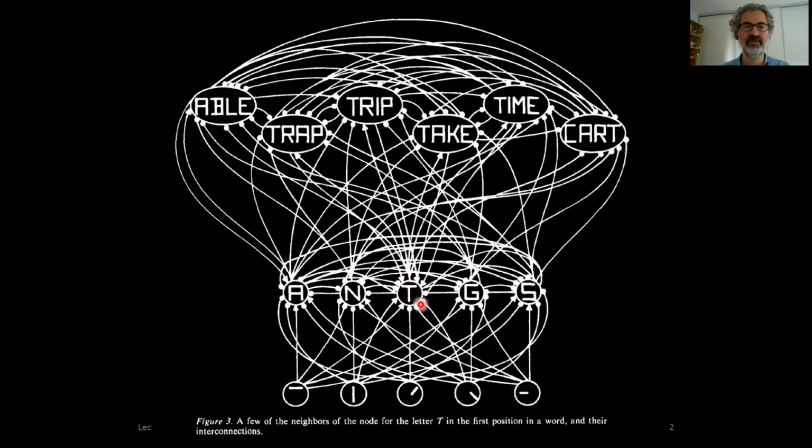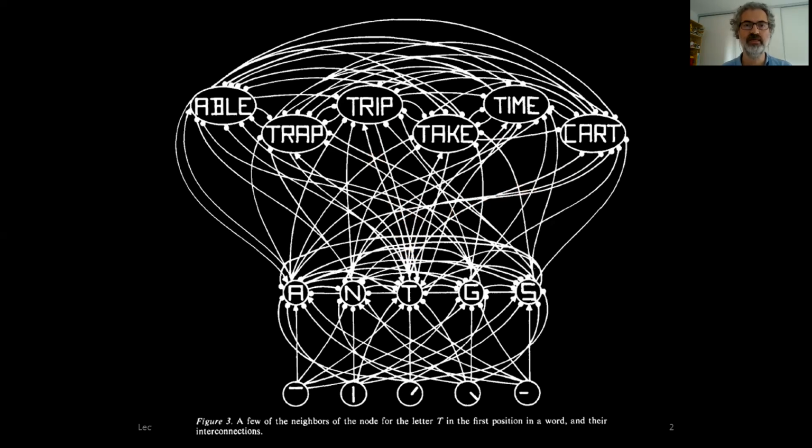Similarly, the letter T will activate the words that contain it in the first position, like trap and trip. Notice the arrows, and take and time, but will inhibit words that do not contain it in the first position.